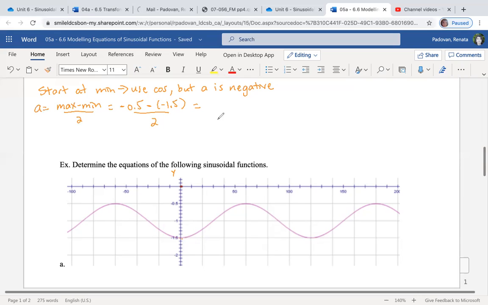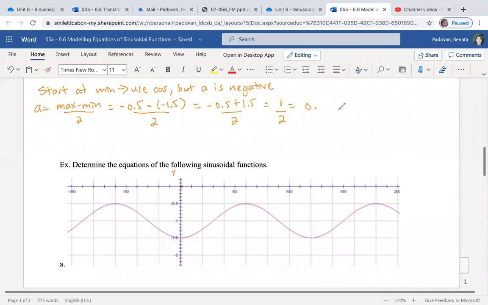So that ends up being negative 0.5 plus 1.5. So negative 0.5 plus 1.5 would be 1 divided by 2. So that's 0.5. Sorry, I want to erase that just so it looks better, no confusion.